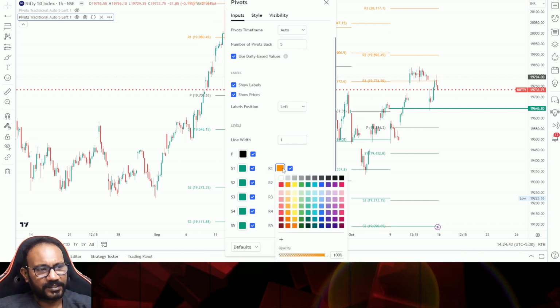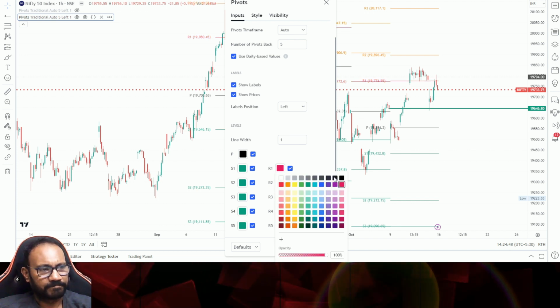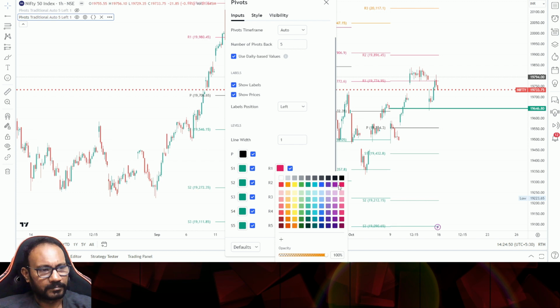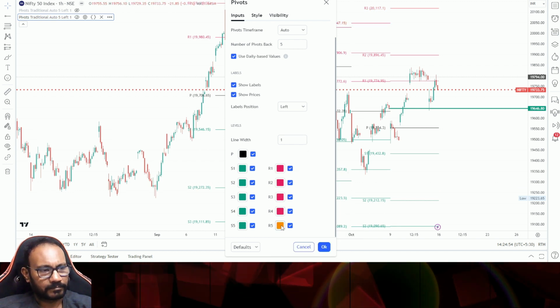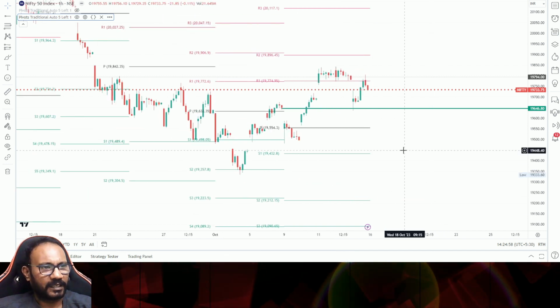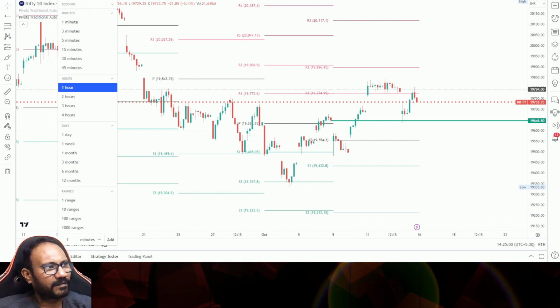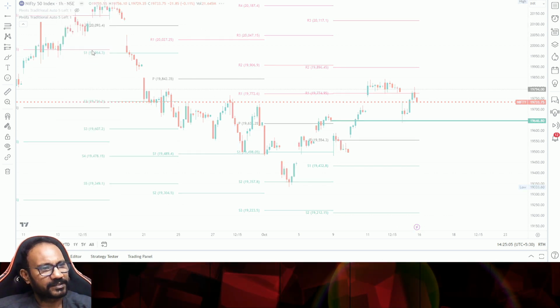And for resistance, I will give a red color or maybe pink. So let's have a look at this. This is in the 1 hour time frame. Let me switch it to, say, 15 minutes, right?